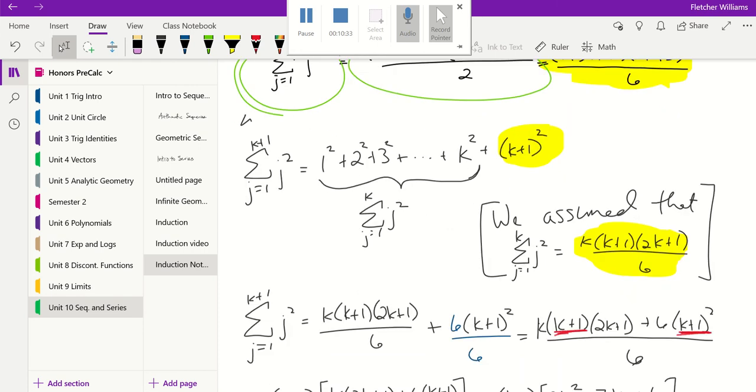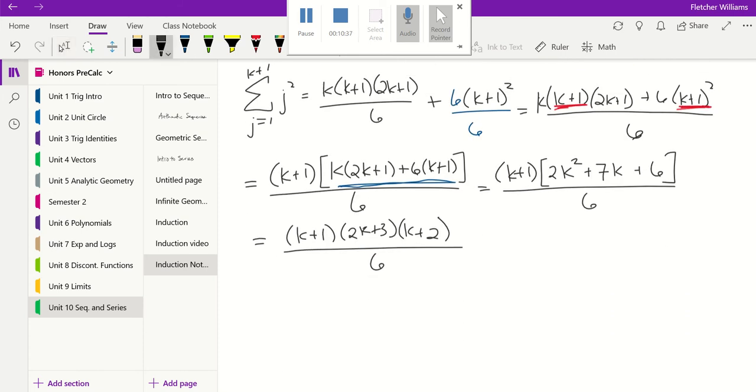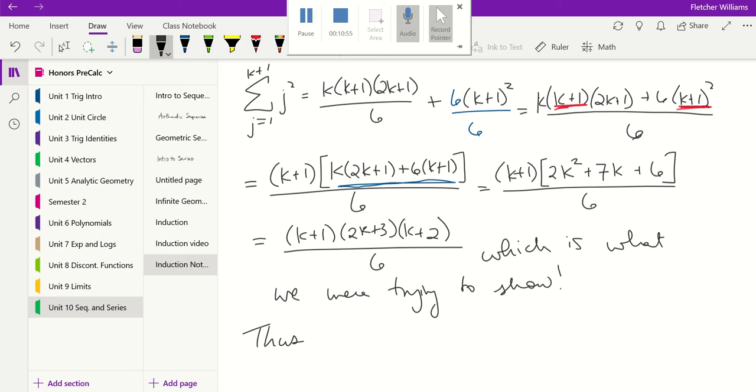So then how do you wrap this up? Yeah, that's what we need to put at the end. So this is how you would say it. You'd say something like this, which is what we were trying to show. Thus, now you can make your final statement. And maybe you'd even add something like this.